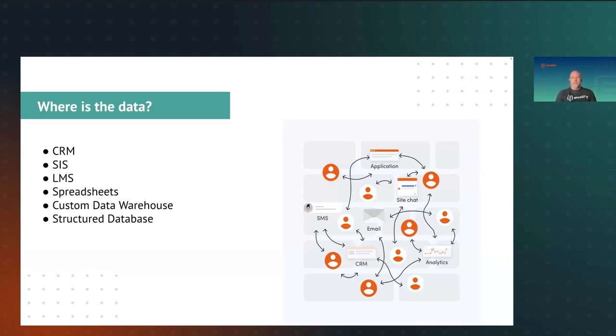You may have some kind of custom data warehouse on your campus, which again, that could be a great thing, and that could be a very complicated thing depending on who owns it, how it's managed, and so forth. But having a structured database on your campus, somebody who is responsible for campus data and putting it in all the right places with those connecting keys and able to show you the relationships is kind of the ideal piece.